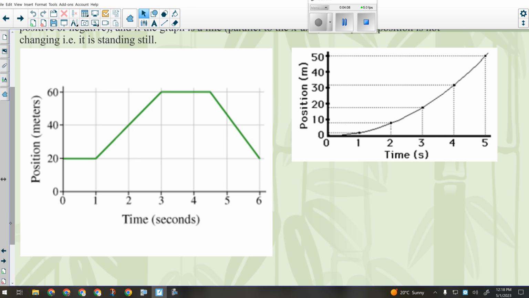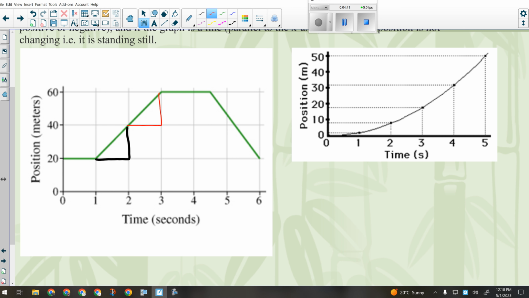Did it do that at a constant rate? It appears to. In the first second, it went 20 meters. In the second second, it also went 20 meters. If each second it went 20 meters, how fast was it going? 20 meters per second. Now here's how we can figure that out mathematically.